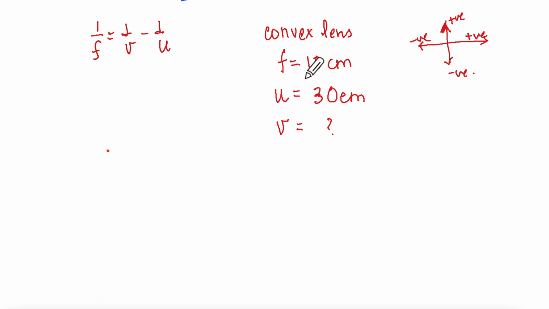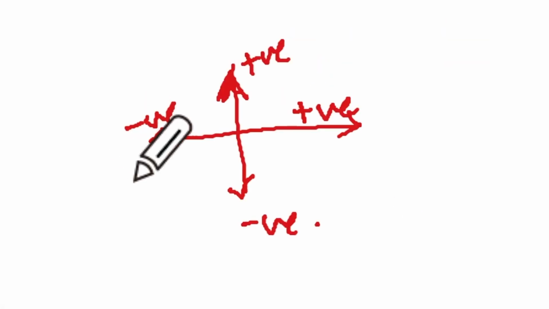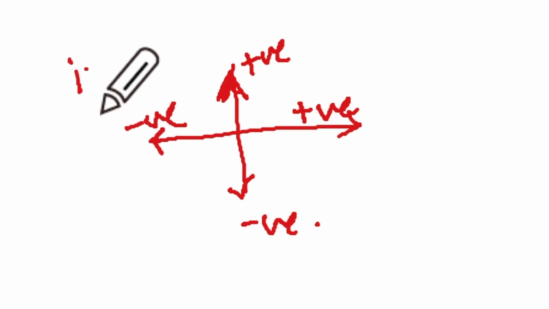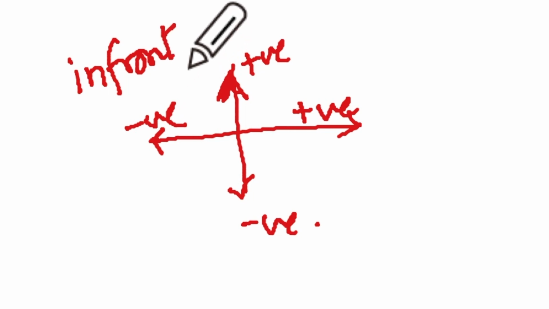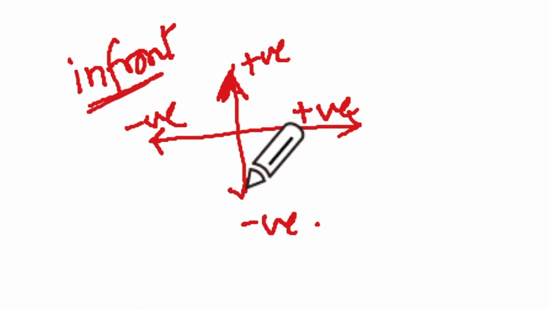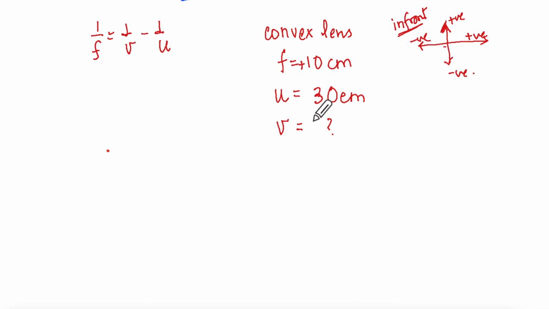So your focal length is going to be positive. Object is kept here this side in front of it. So remember, this side where the object is, that is called as in front of the lens. Now in front of the lens means from O you will measure this way, means it will be negative.